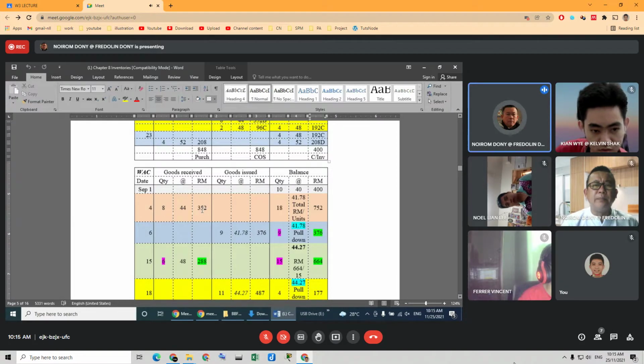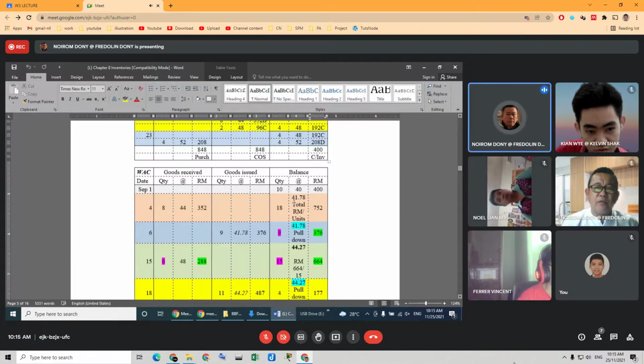Then update your balance by adding. Look back at the definition. Add with the existing. So 10 units add with 8, so 18. But the cost per unit we can't add, because we need to do the averaging. But the value, yes, you can.